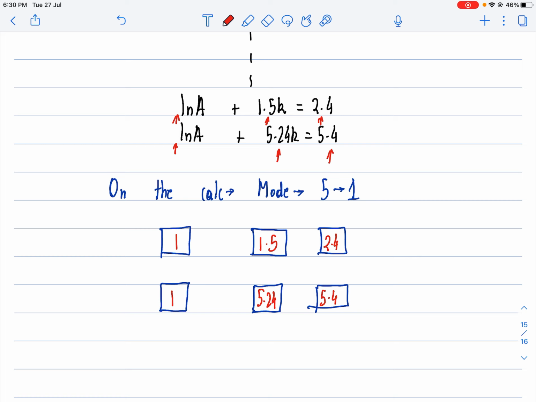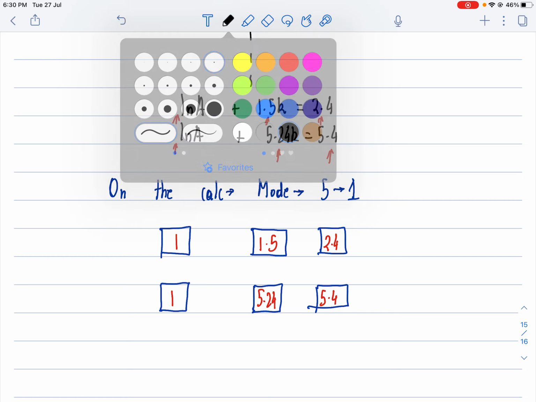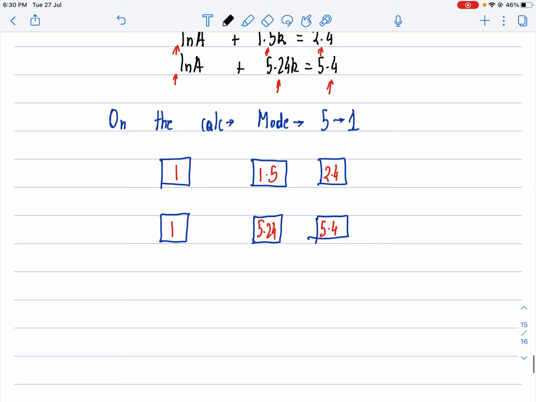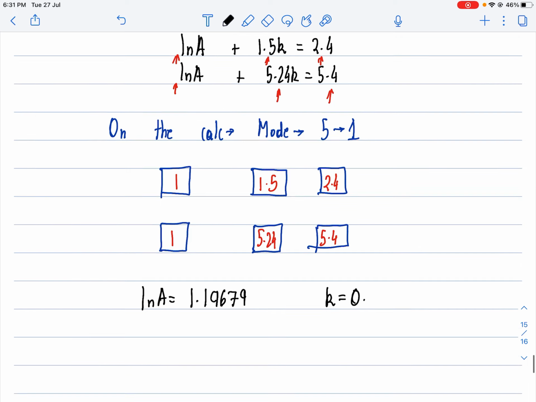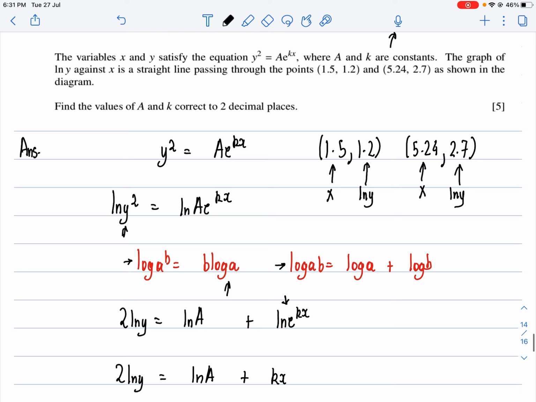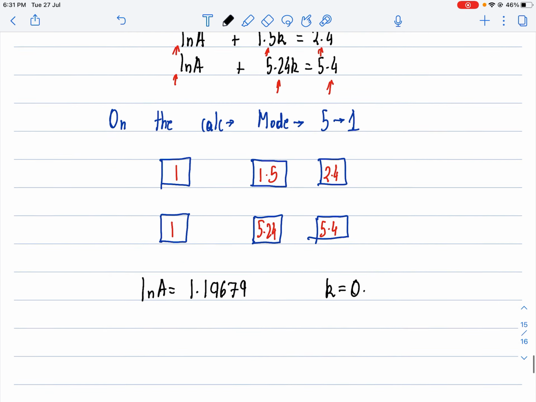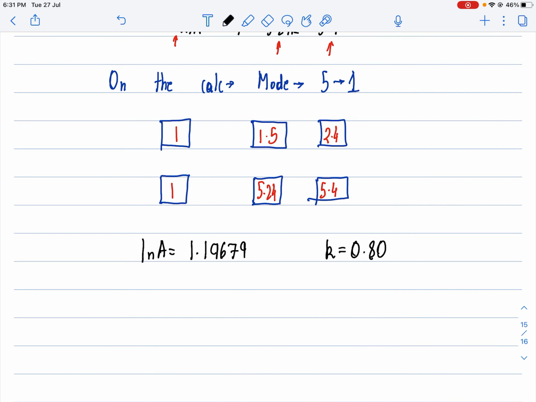When you do that and click on equal to, you get your x, which is basically ln A. You get your ln A, which is equal to 1.19679, correct? And you get your k, which is basically your y, as 0. Just let me check. They needed 2 decimal places. So just write this as 0.80. This is what you get your k as.